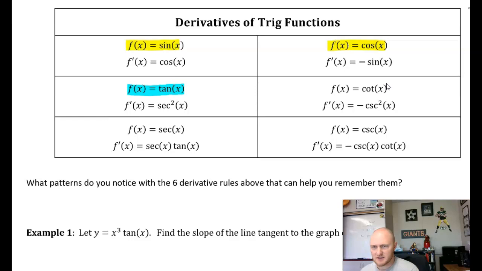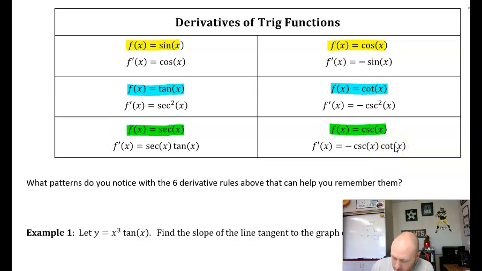If I have the function cotangent of x, the derivative of that is negative cosecant squared. And then the last two: f of x equals secant of x, the derivative of secant of x is secant tangent of x. And the derivative of cosecant of x is negative cosecant cotangent of x. So those are the remaining trig derivatives.